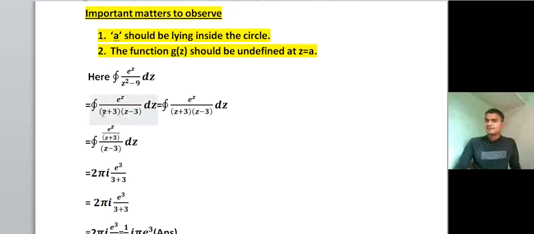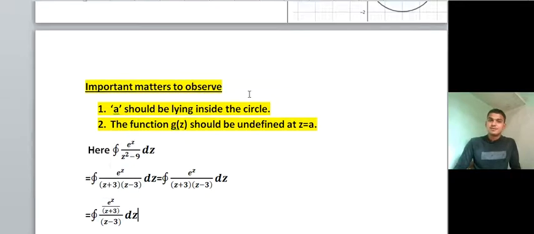So at z is equal to minus 3, this function is not defined, and also if z is equal to plus 3, z minus 3 is 0. So at z is equal to plus 3, the function is undefined. Okay, so at z is equal to minus 3, the function is undefined. At z is equal to plus 3, the function is undefined, but we will see which one will be chosen.